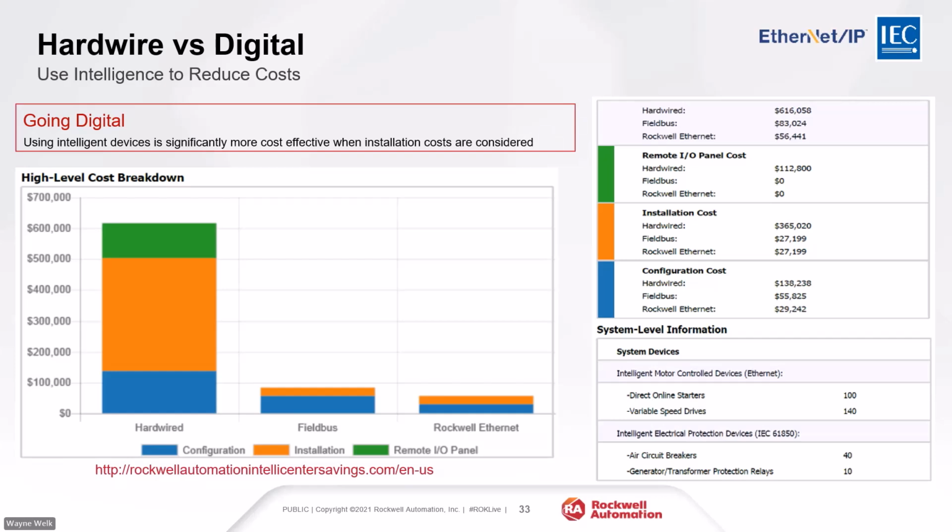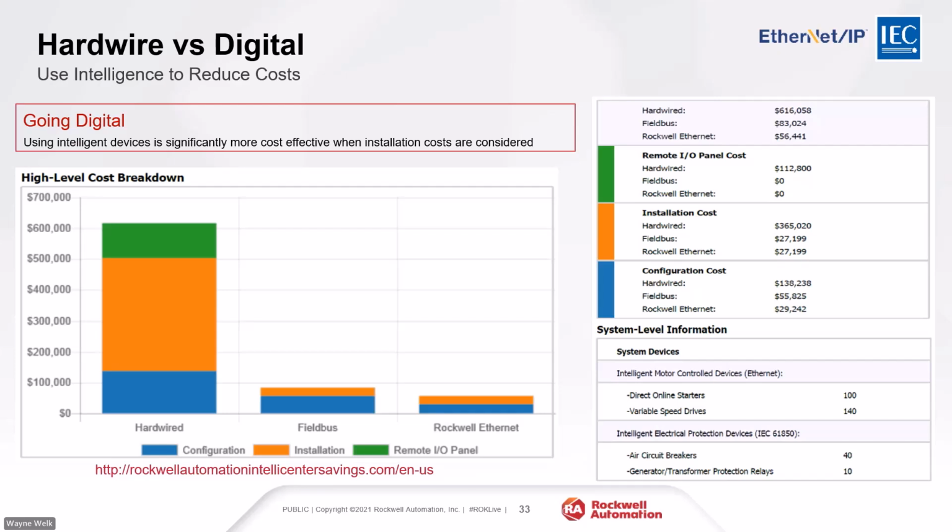Thanks. So we'll go over two use cases to justify these intelligent systems. The first case is on the installation side up front. Implementing an intelligent power system using a combination of EtherNet/IP and IEC 61850 reduces a lot of wiring.